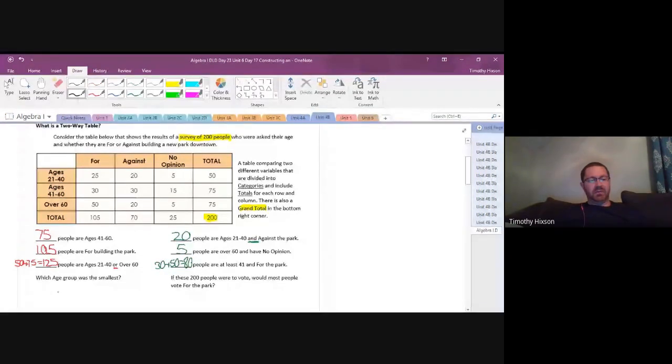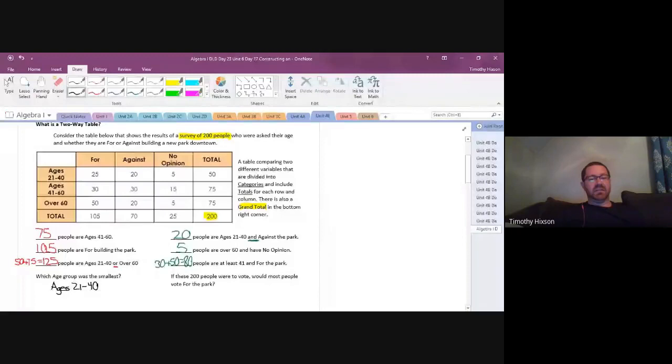That might be important if we're doing a survey to recognize that there might be a group of people that are underrepresented in this. Maybe to make it fair and get a good cross of all three age groups, we might want to go out and find 25 more people to survey who are in this age bracket. Or we might not. We may be satisfied with these results and just leave it at that.